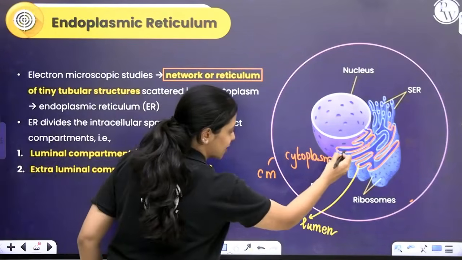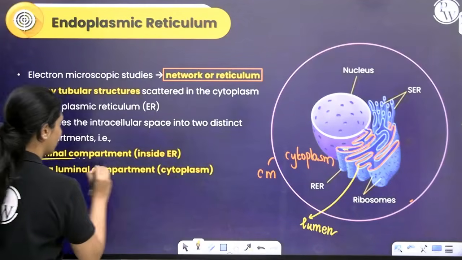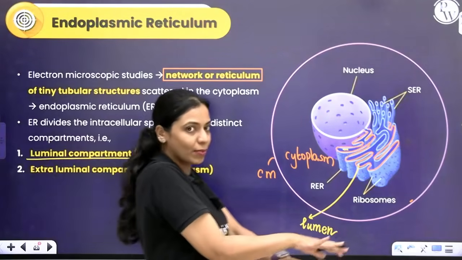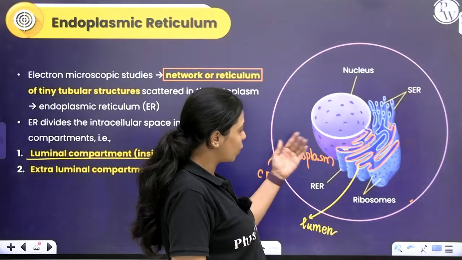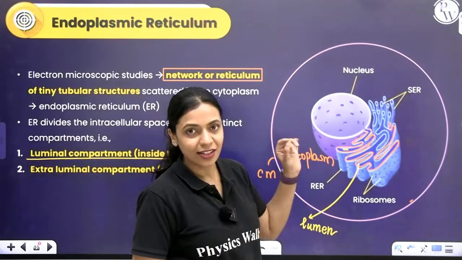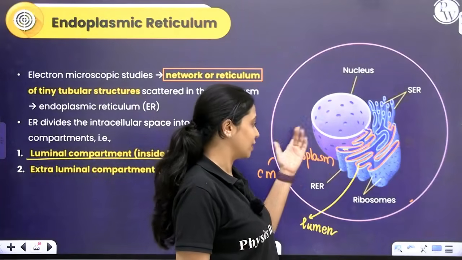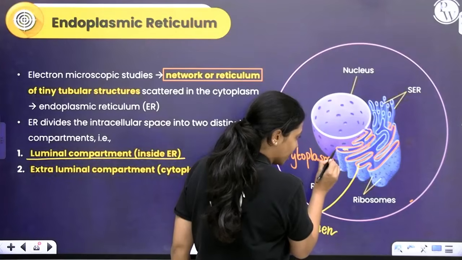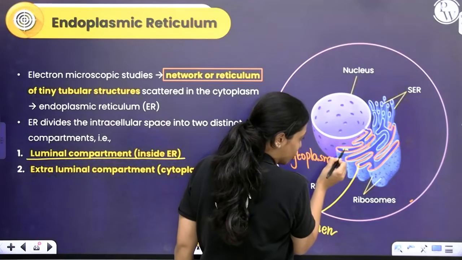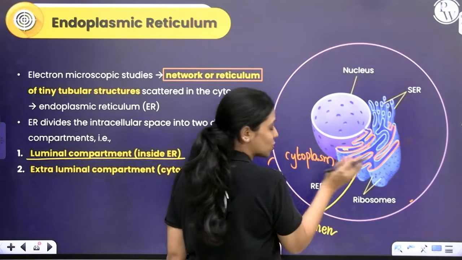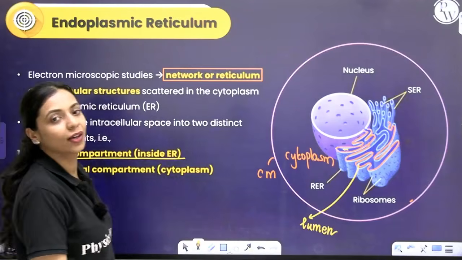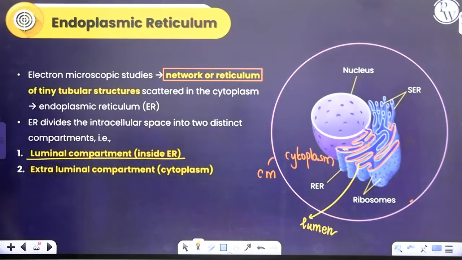One is this lumen that is there, which we call the luminal compartment, which is inside the membrane of the ER. And outside what you have, that is called the extraluminal compartment. If you think of this membrane, towards the inside of the membrane you have lumen, towards the outside of this membrane is called the extraluminal compartment of the cytoplasm. Right?